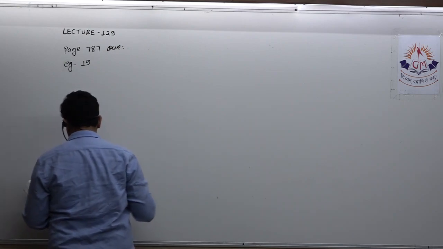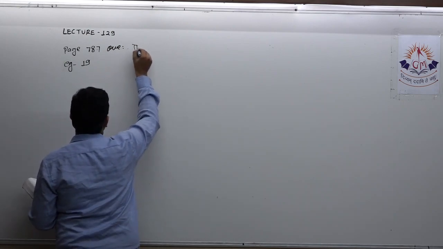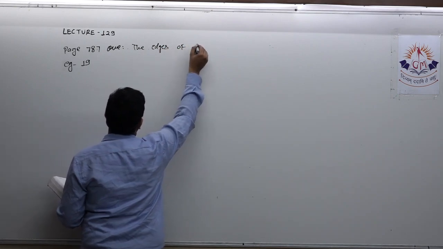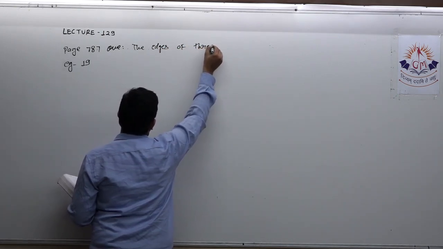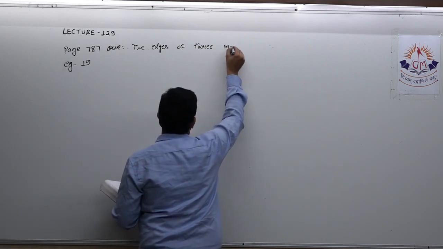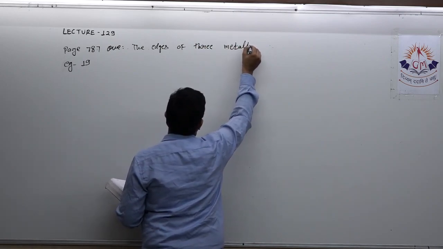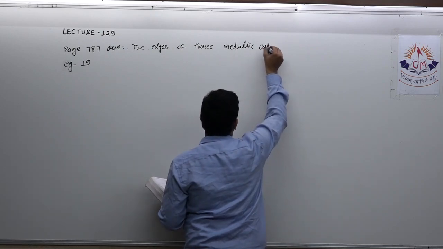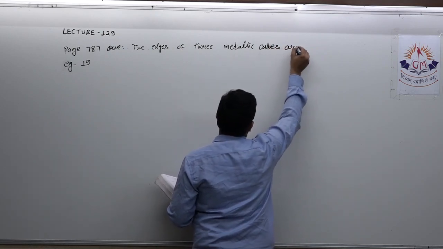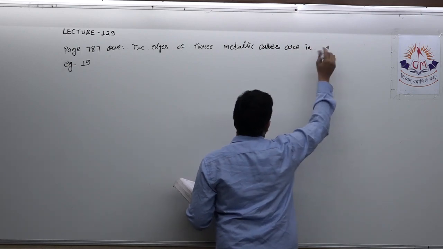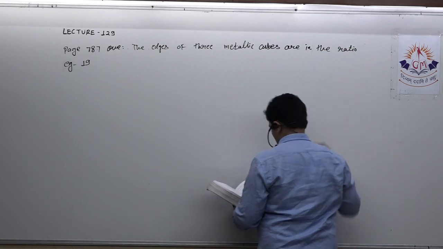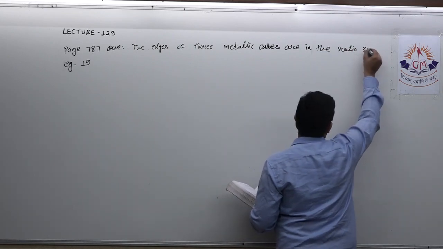The edges of three metallic cubes are in the ratio 3 is to 4 is to 5.